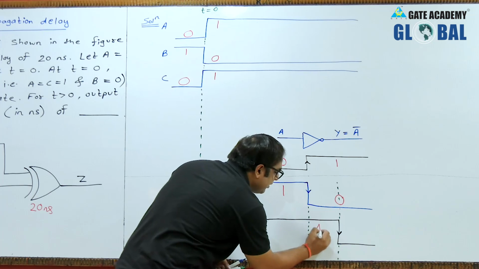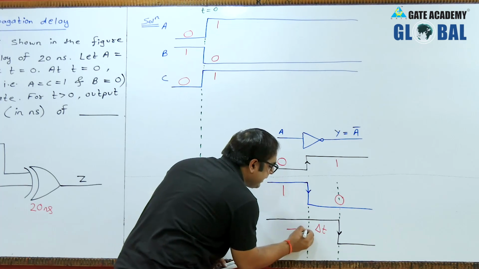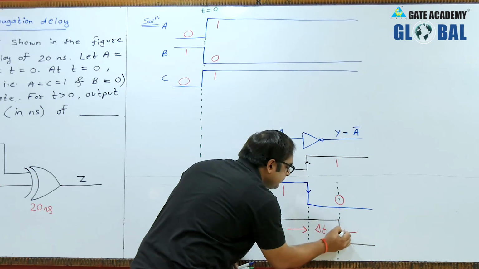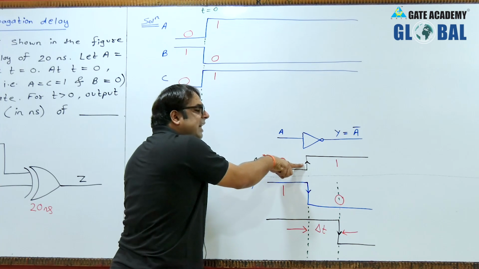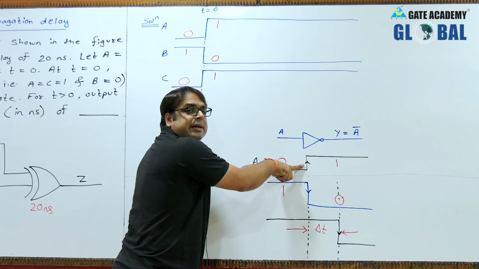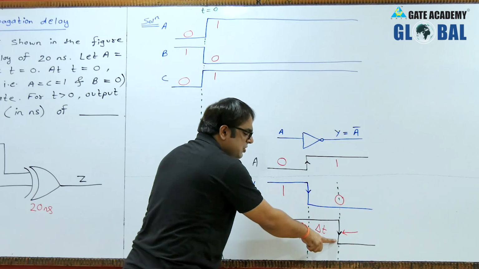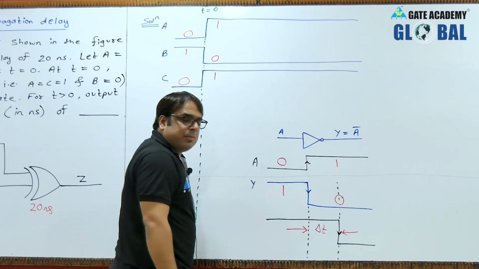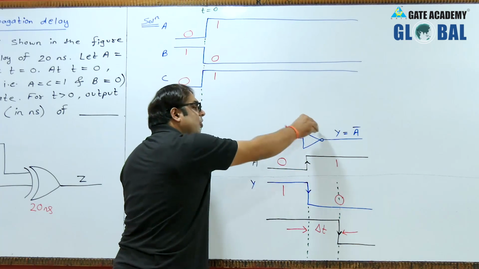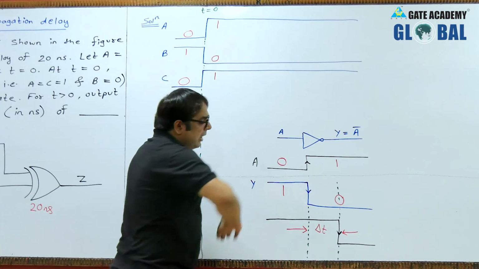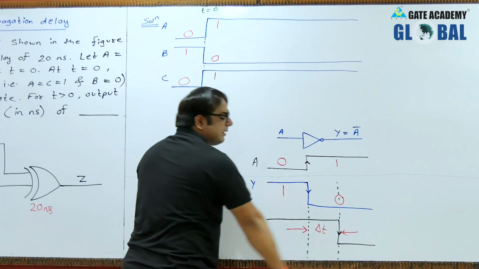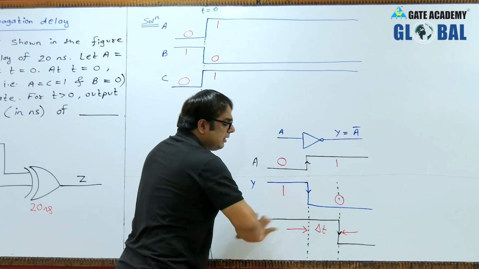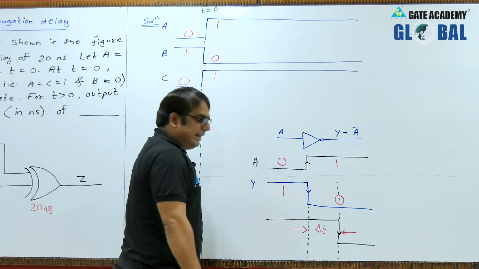In general, we represent it by delta t. So this was the change in the input time, and this is the change in the output time. So the amount of time a logic gate takes to reflect the changes in the input at the output is called propagation delay.